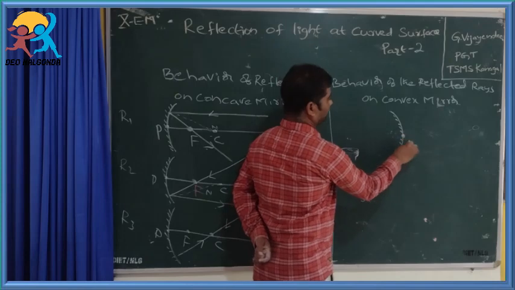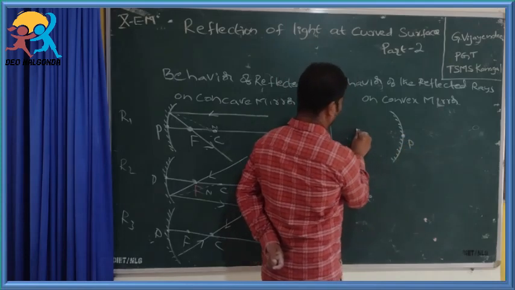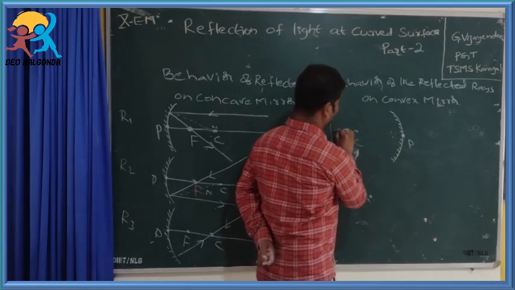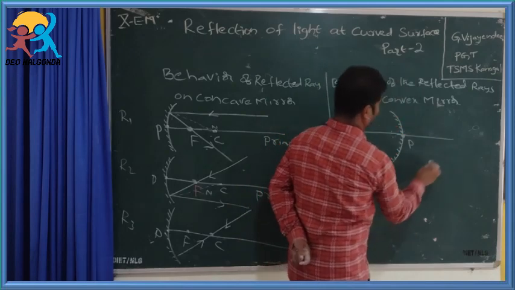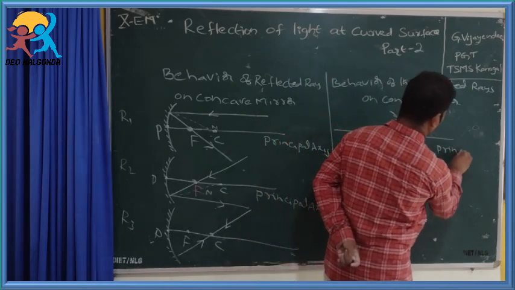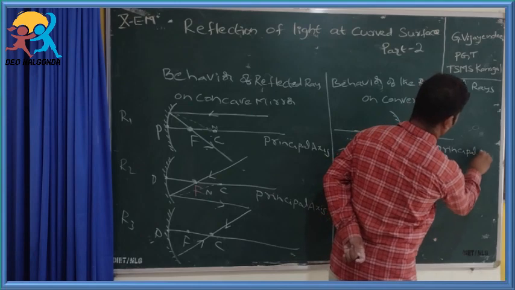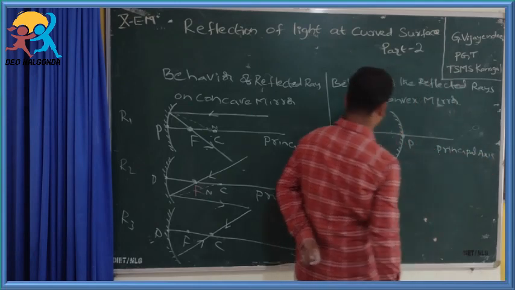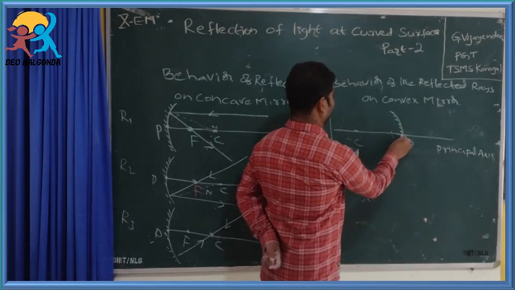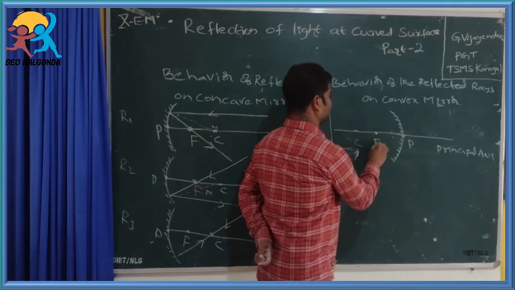This geometrical midpoint is called the pole. This is the center of curvature. This is the principal axis. This is the focus.